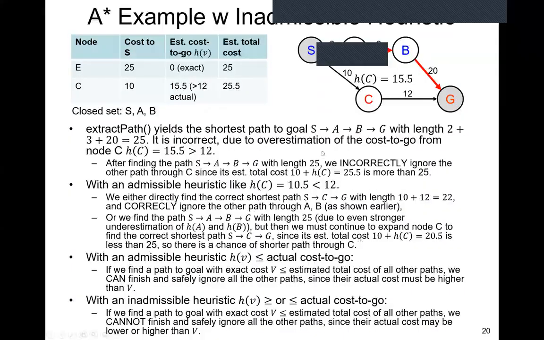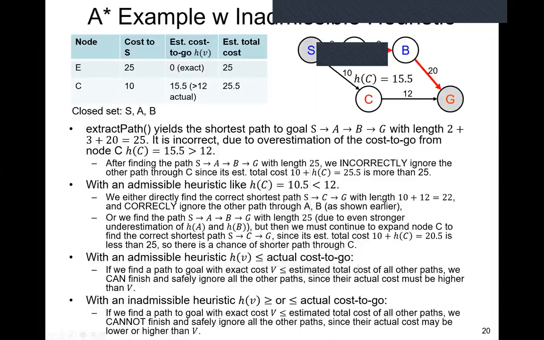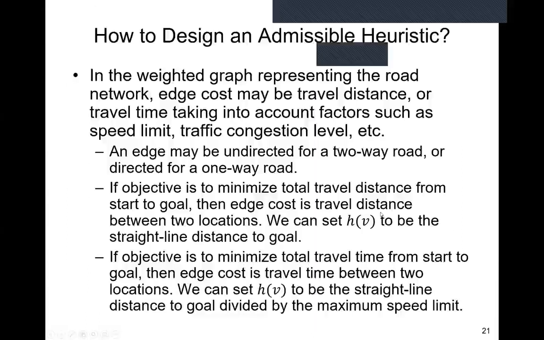So the point is that for A star algorithm to work, the heuristic function estimating cost to go must be an underestimation. So how do you design an admissible heuristic? In the weighted graph representing the road network, edge cost may be travel distance or travel time, taking into account factors such as speed limit, traffic congestion level, and so on.